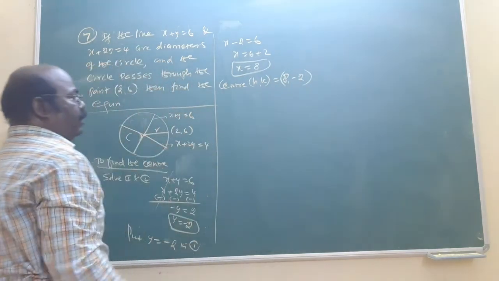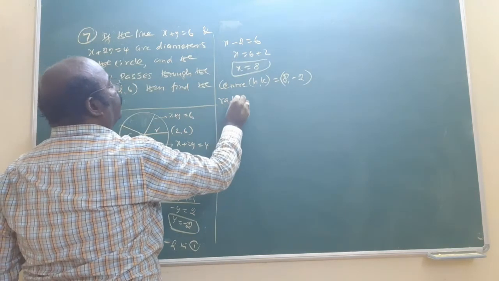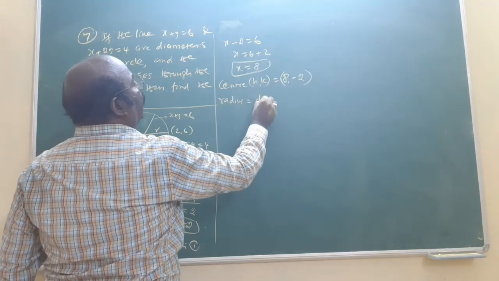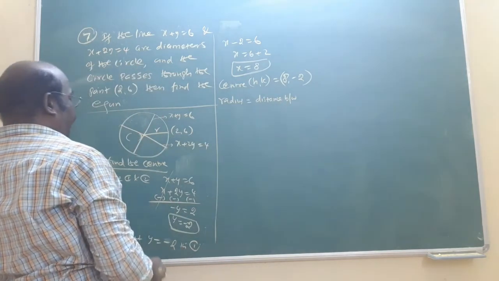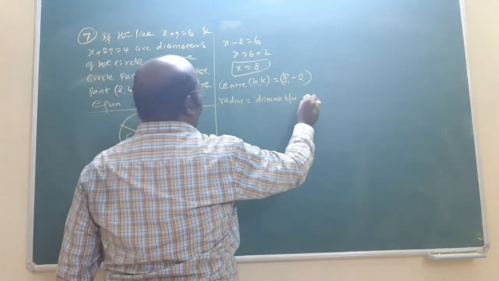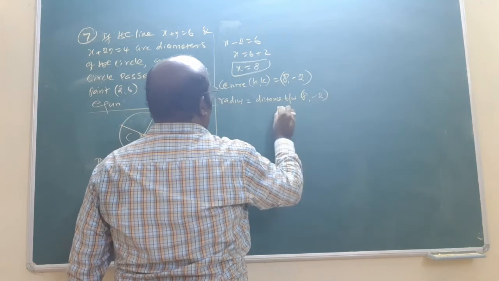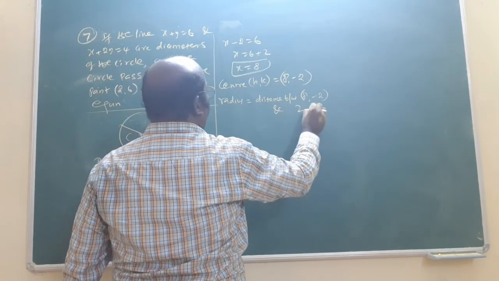Center found. The radius equals the distance between which points? The center 8, minus 2 and 2, 6.